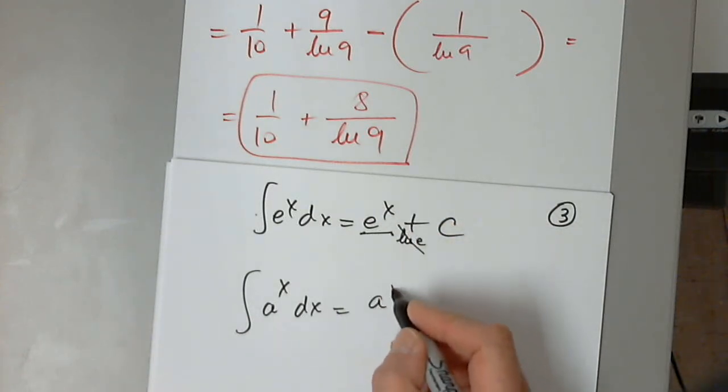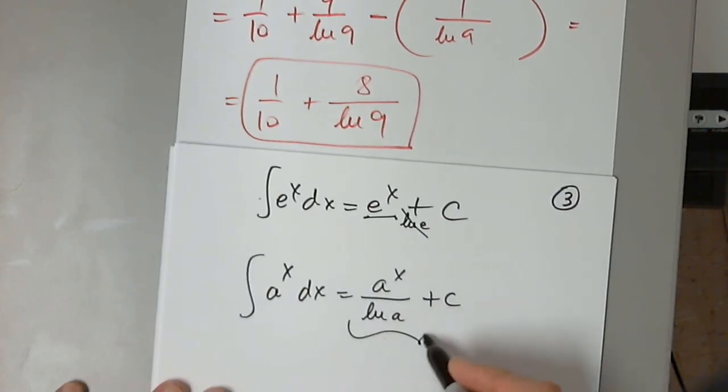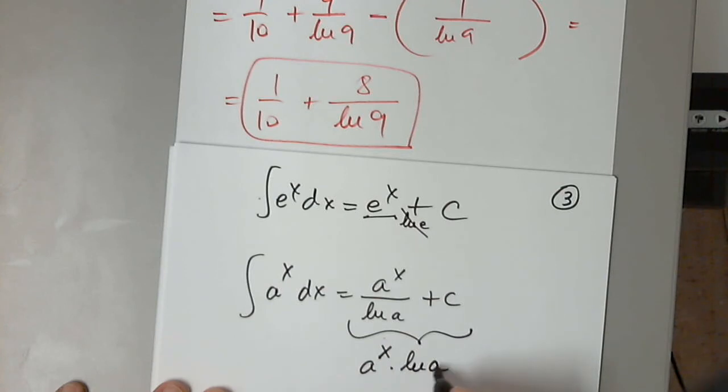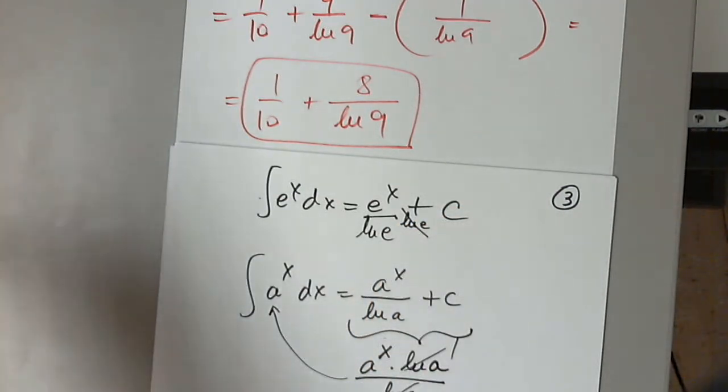Here I have a to the x divided by natural log a plus a constant c. Because when I differentiate this, I get a to the x times natural log a over natural log a, which is a constant. I don't differentiate the denominator. I differentiate the constant, it is 0, and then these two go away, and I get back a to the x. So this would have been e to the x over natural log e, but there is no need because natural log e is 1.